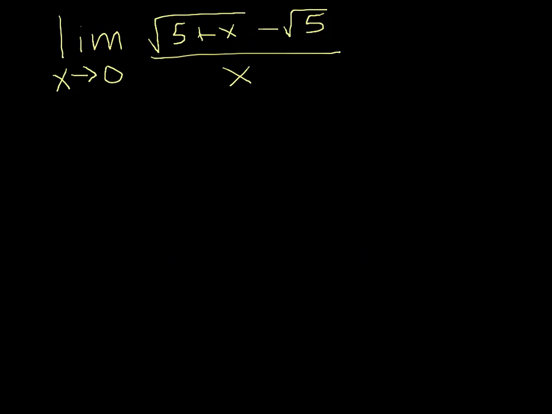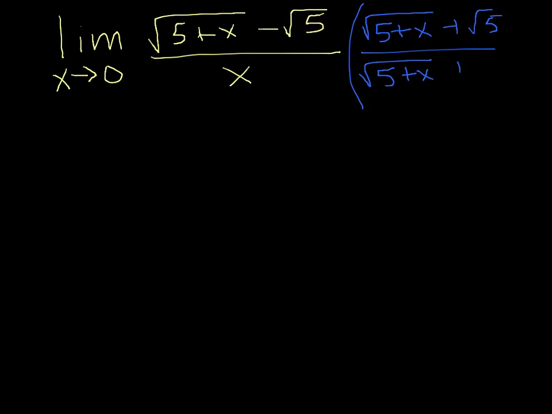Okay? And last one. We need to, again, rationalize. So we are going to multiply by square root of 5 plus x plus square root of 5, divided by square root of 5 plus x plus square root of 5.